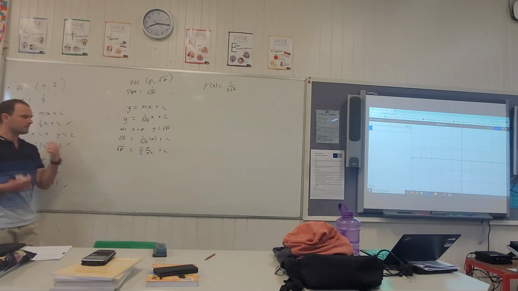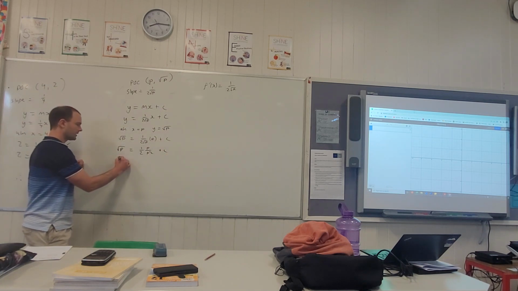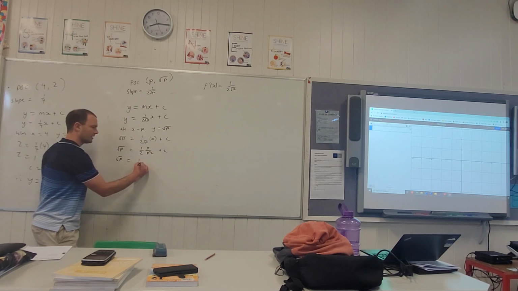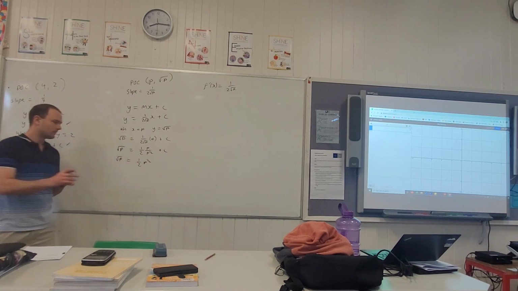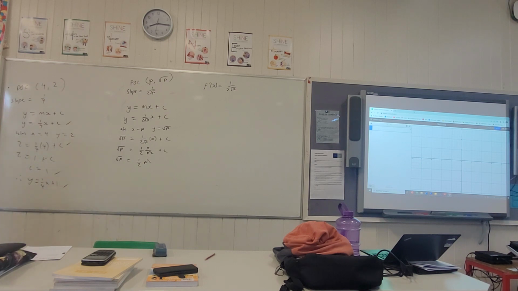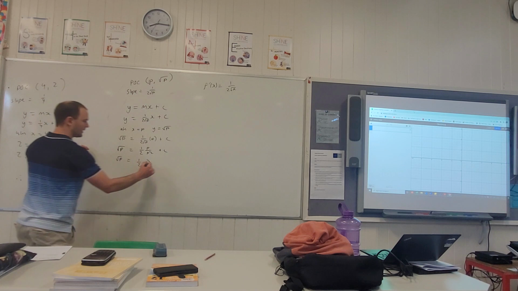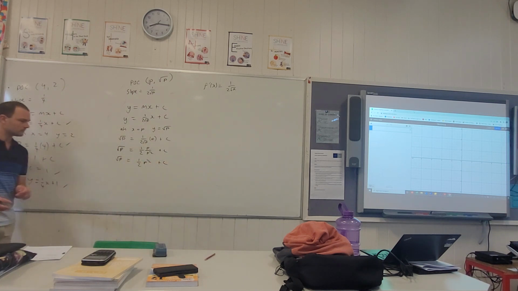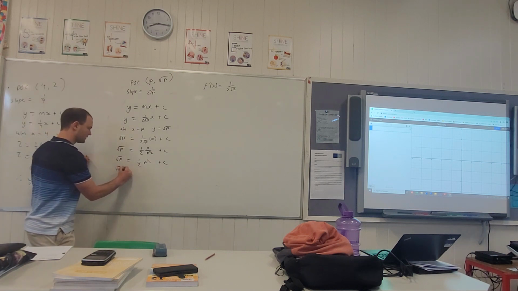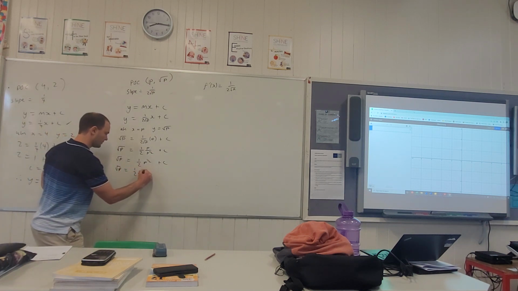If we want to simplify that, it becomes p to the 1 take half, p to the half. That's just index laws. Don't forget the plus c. And what is p to the half but the square root of p? So we've got the square root of p equals half times the square root of p plus c.